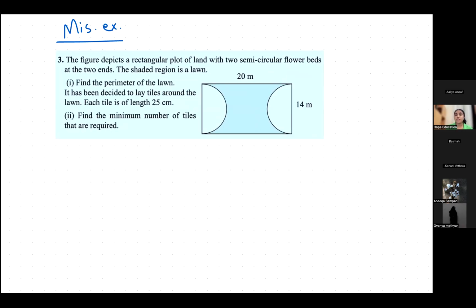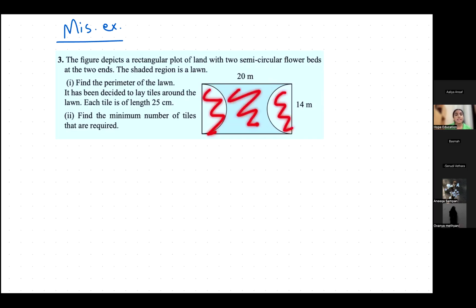The shaded region is a lawn. Lawn means an area with grass. So that is the shaded region, that is the lawn. These parts on both sides are the flower beds, right? And this part is the lawn.